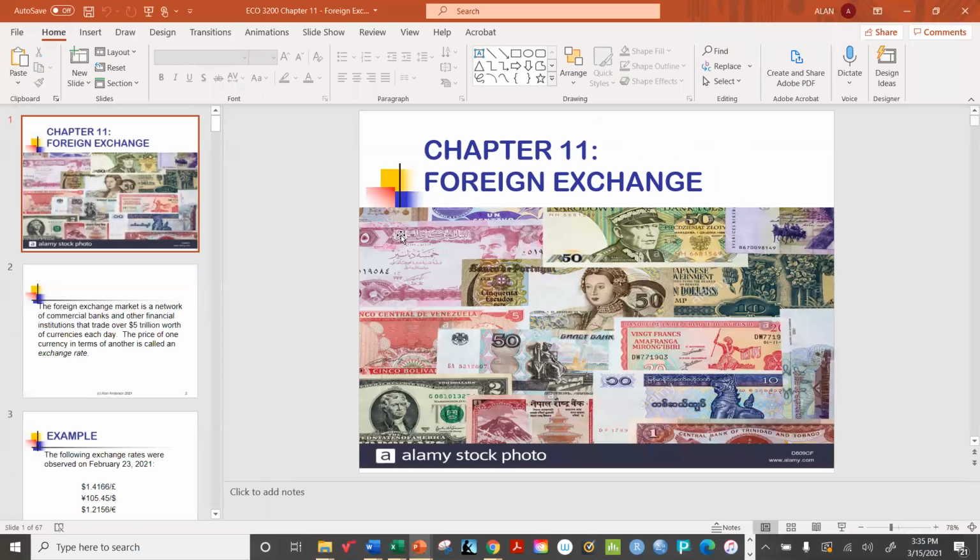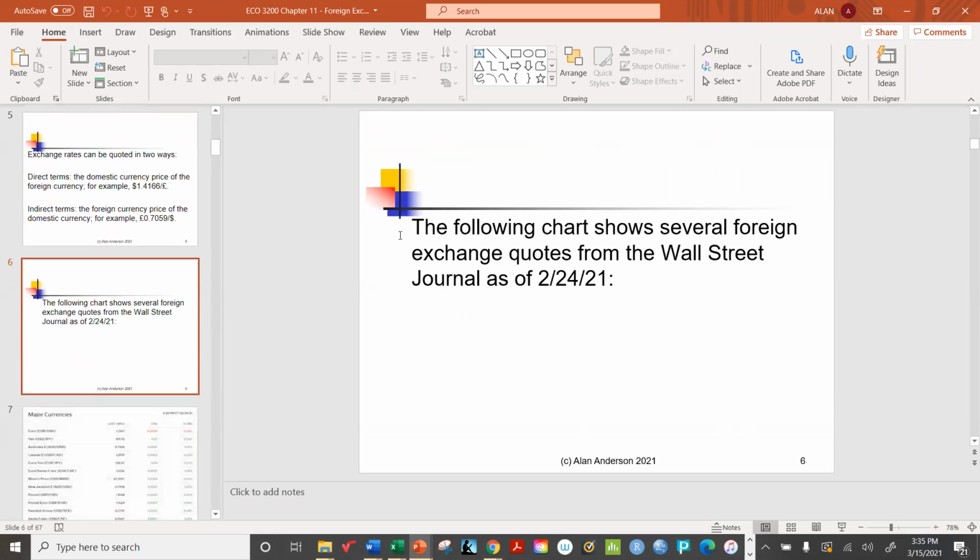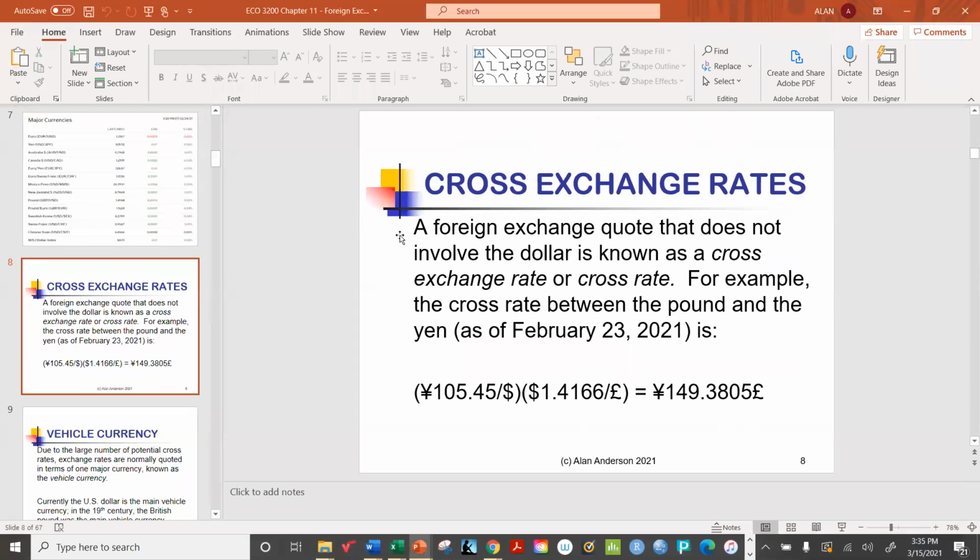Let's find them. Just as a quick review, this is a cross exchange rate. Why? Because it does not involve the dollar, but it is calculated from two exchange rates. The rate between the yen and the dollar, and the rate between the dollar and the pound are combined to give us a quote between the yen and the pound.